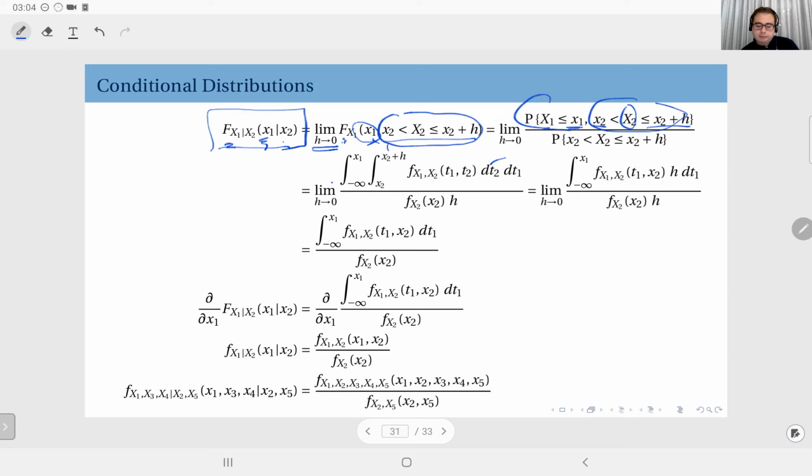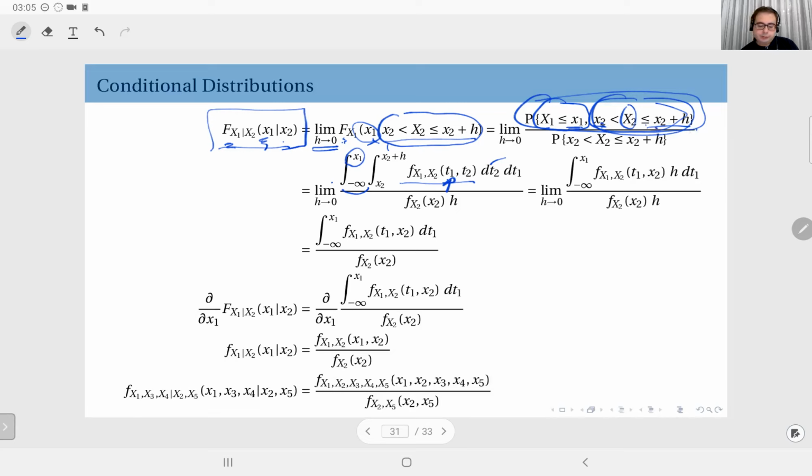But this probability here, I can express using a double integral on the joint PDF of x1 and x2. Here, the limits of x1 will be from minus infinity to x1, because this is my event here, x1 less than or equal to parameter x1. But the second event, you see, parameter x2 less than random variable x2 less than or equal to parameter x2 plus h.